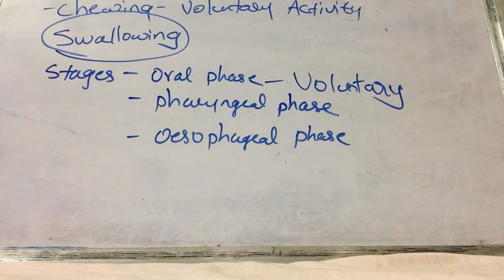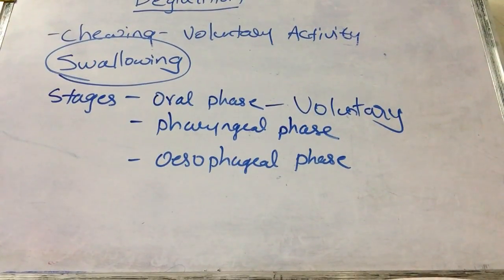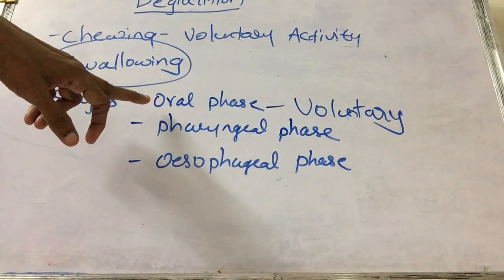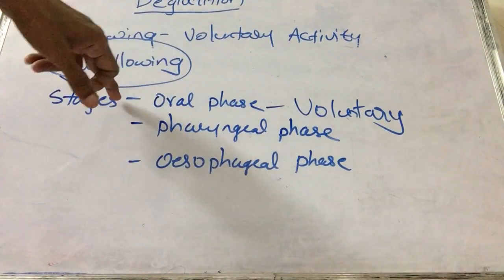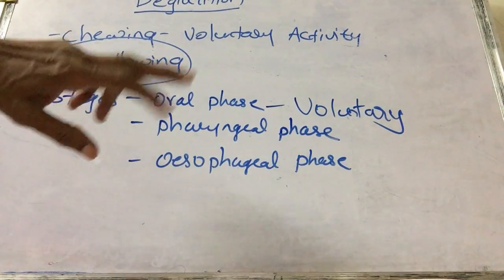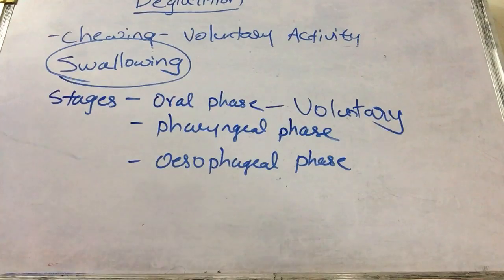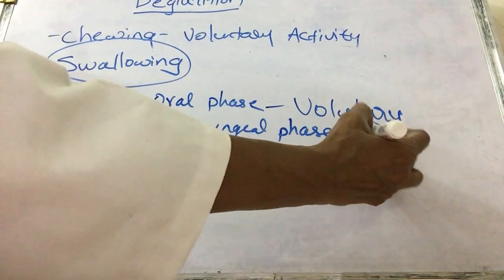Thus, the food bolus is forced into the esophagus. Once the food touches the receptors of the pharyngeal opening, the swallowing reflex is initiated. As long as the food is in the mouth, that is in the oral phase, it is a voluntary action. Once it enters the pharynx, the receptors at the pharynx are stimulated and now it becomes involuntary.